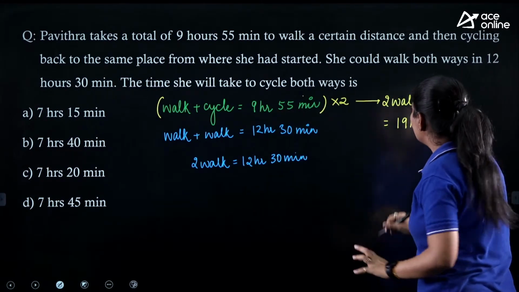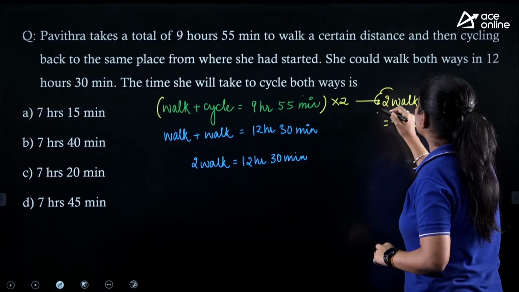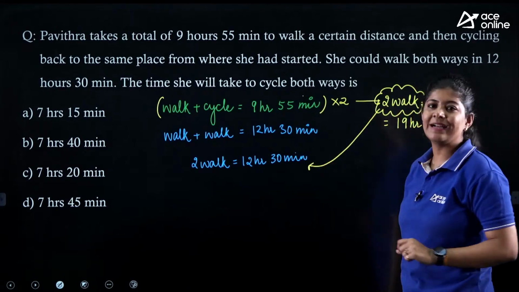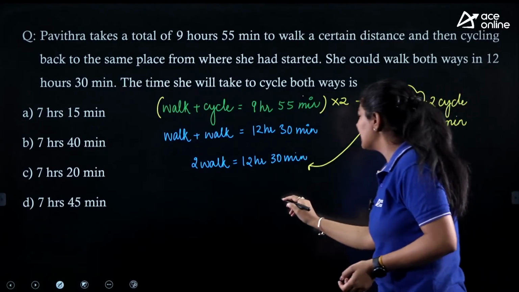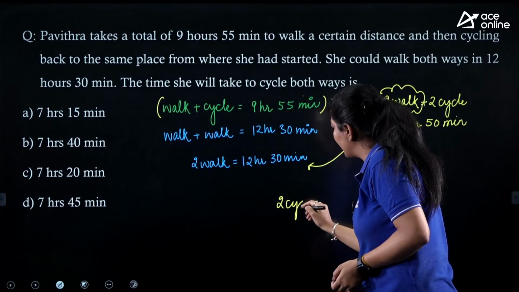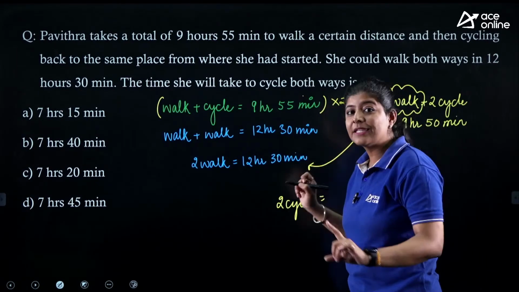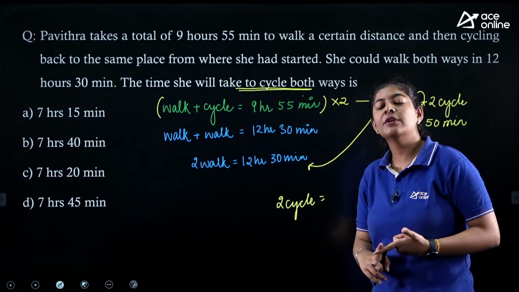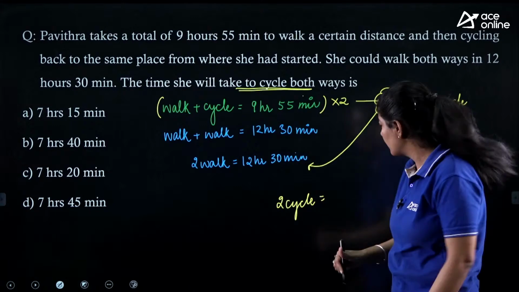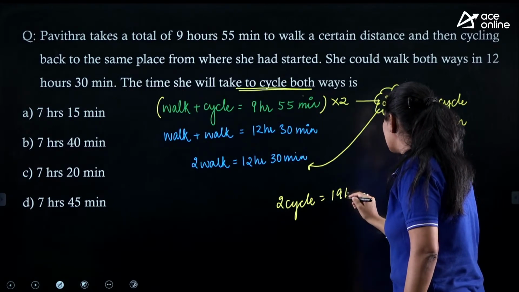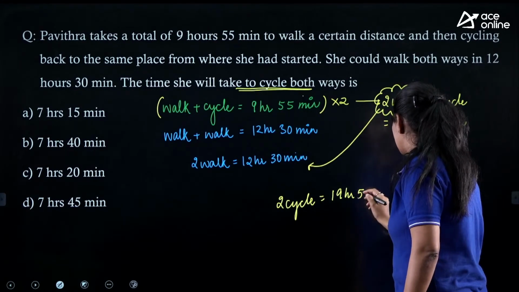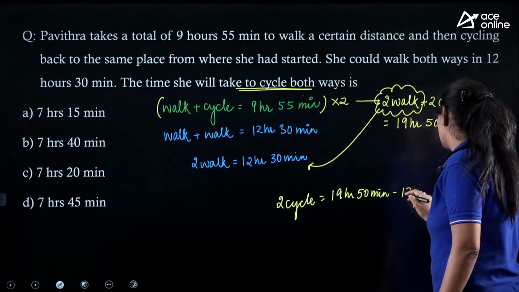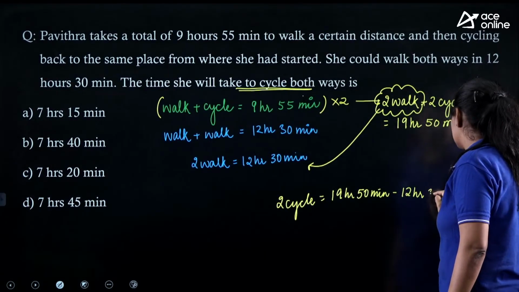Now we know that the value of this part is equal to 12 hours and 30 minutes. So we can easily calculate the value of twice of cycling, which is our answer, because we need to find out if she cycles both ways, what value we are getting. So we have 19 hours and 50 minutes minus 12 hours and 30 minutes.